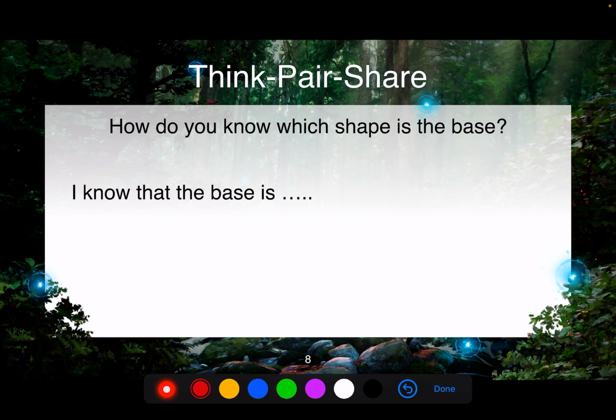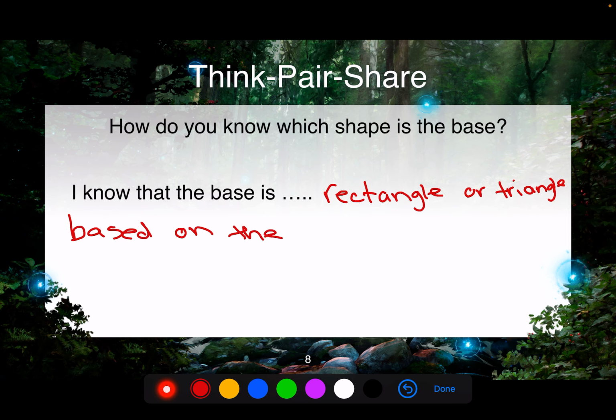I know that the base is a rectangle or a triangle based on the name of the shape. Sorry guys, I'm writing kind of sloppy today. I don't know why. All right, so hopefully you had time to talk about it with your partner. And if you didn't, go ahead and write this response.